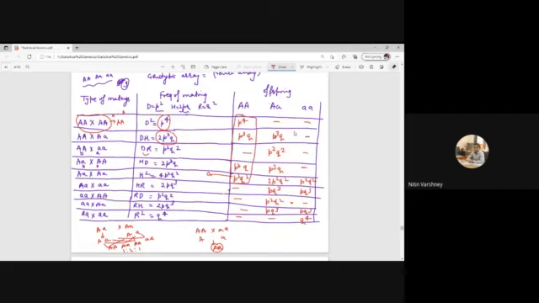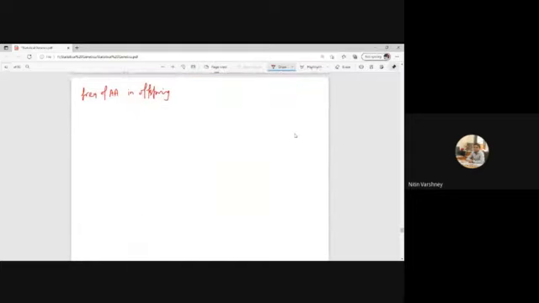So this is P to the power 4 plus PQ, PQ, plus P square Q square. Okay, now suppose I have taken P square as common, so here we will remain with P square plus PQ plus PQ plus Q square.